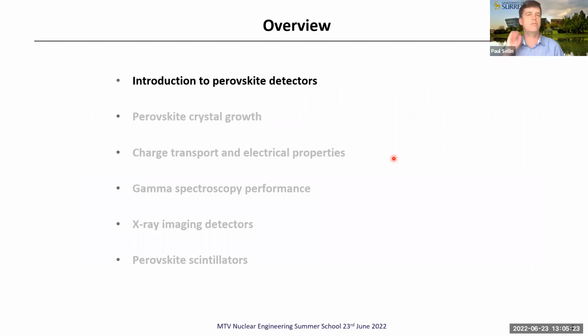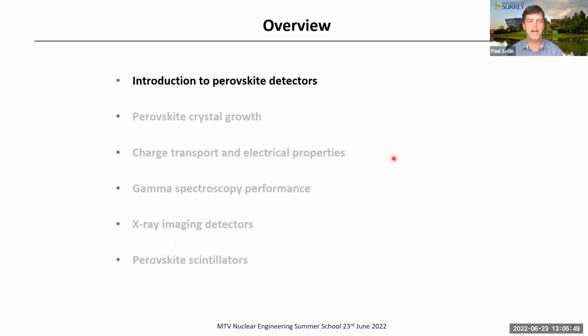Let's see where we're heading this afternoon. So I'm going to give an introduction to perovskite detectors. I'm going to tell you about how perovskite materials are grown, crystal growth. We're going to look at some of the key charge transport and electrical properties. We're going to, of course, talk about gamma spectroscopy, because that's a key area that a lot of people are interested in.